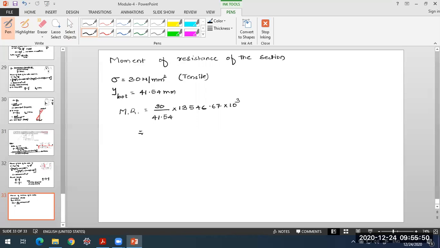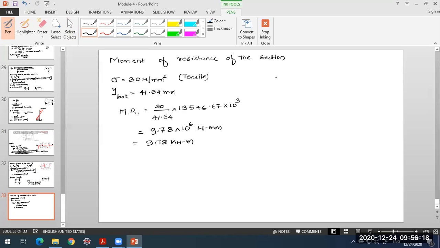And this is equal to 9.78 into 10 raised to 6 Newton mm, or it can also be expressed as 9.78 kilonewton meter here. Okay, so this is by considering the maximum permissible stress under tension.